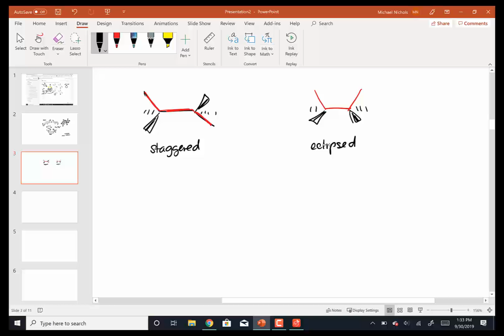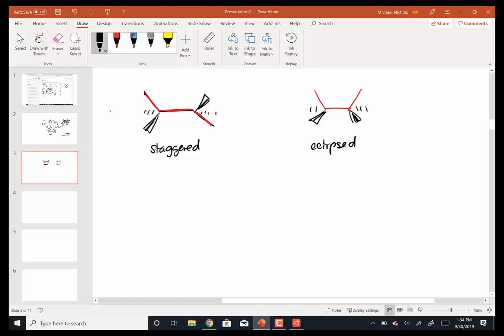That's an eclipsed conformation. So the sawhorse representation isn't very, what people found was, they found it wasn't particularly helpful in terms of trying to determine which conformation is more stable.